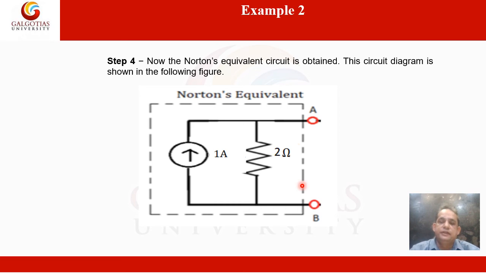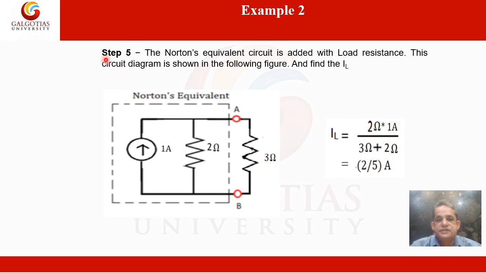Now we find the load current in the next step. In step 5, the Norton equivalent circuit is added with the load resistance. This circuit is shown in the following figure. Here we connect the load resistance, which is 3 ohm, with the Norton equivalent. We know the Norton equivalent is a 1 ampere current source and 2 ohm Norton resistance.